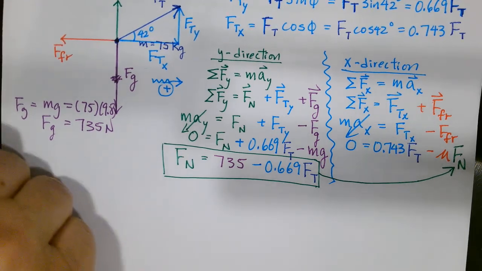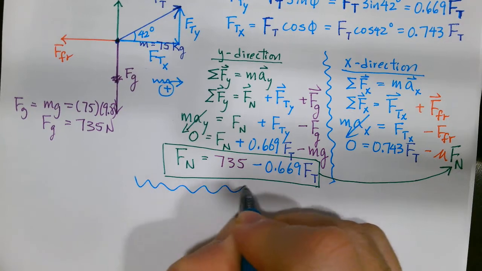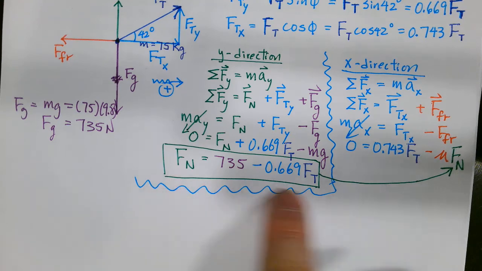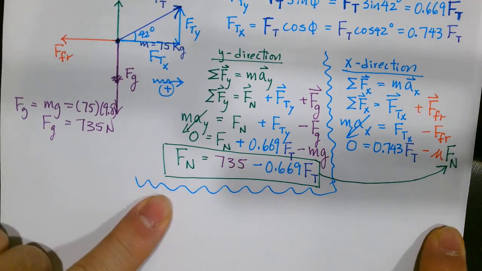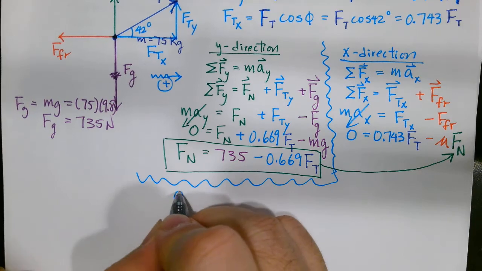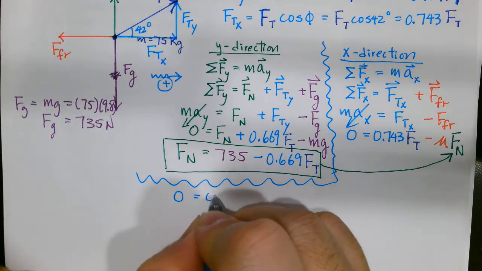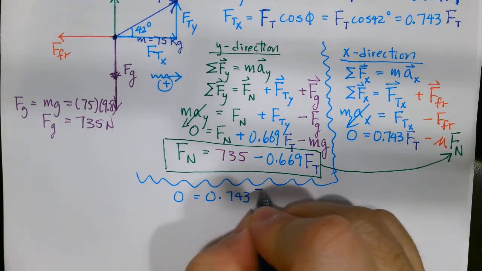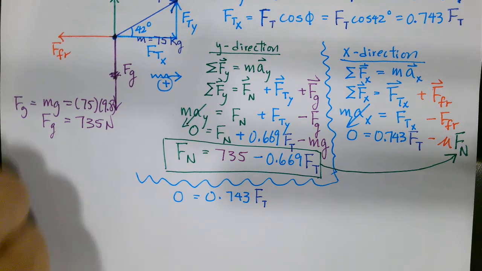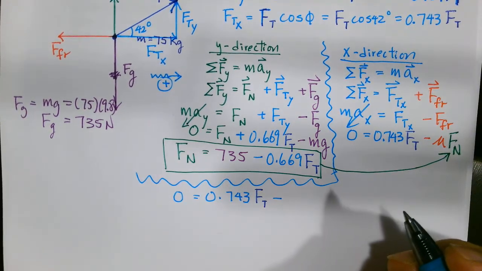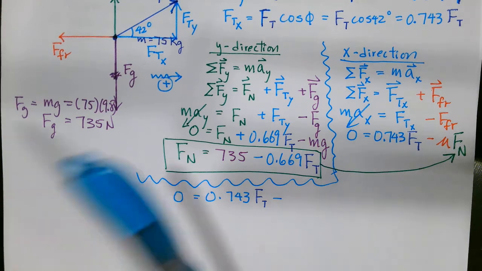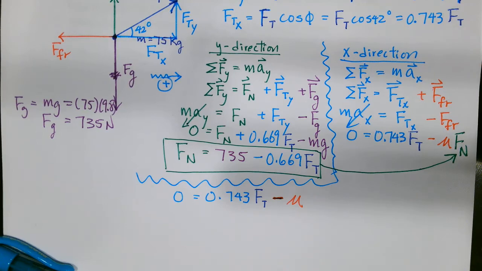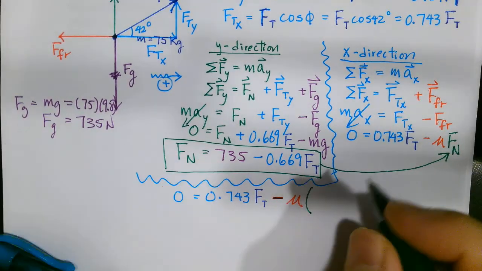All right? So I'm going to bring this down here, and then substitute that in there, and we're going to have a larger mess. Okay, so here we go. So 0 is equal to 0.743 F tension minus, I should make it red, minus mu times this whole mess, right?